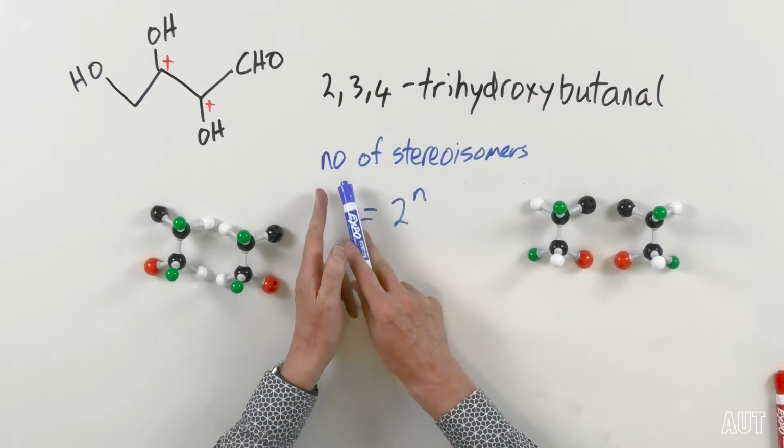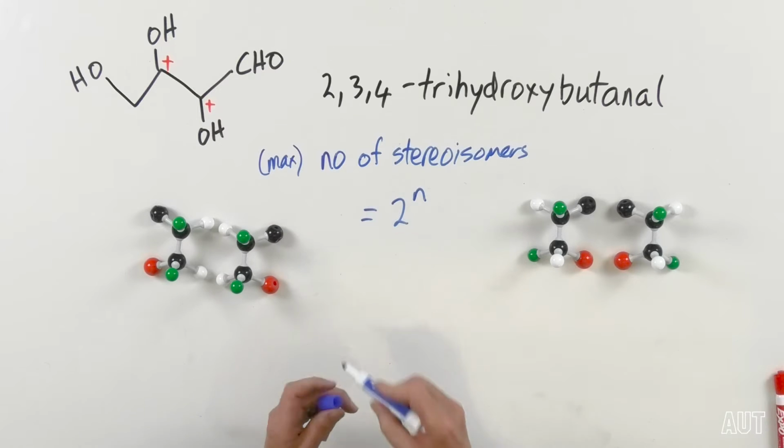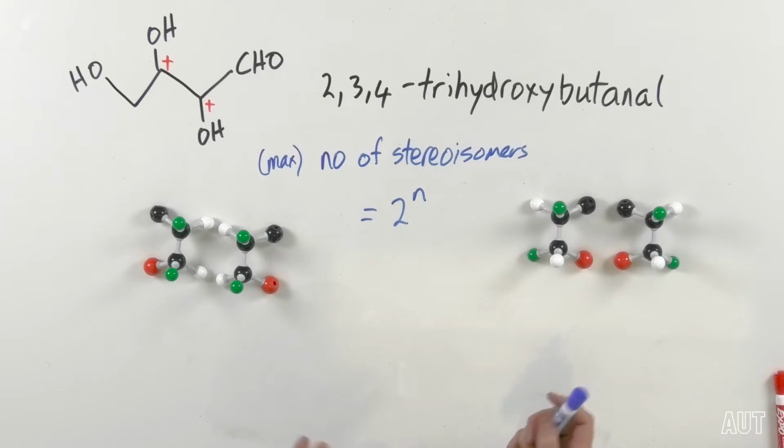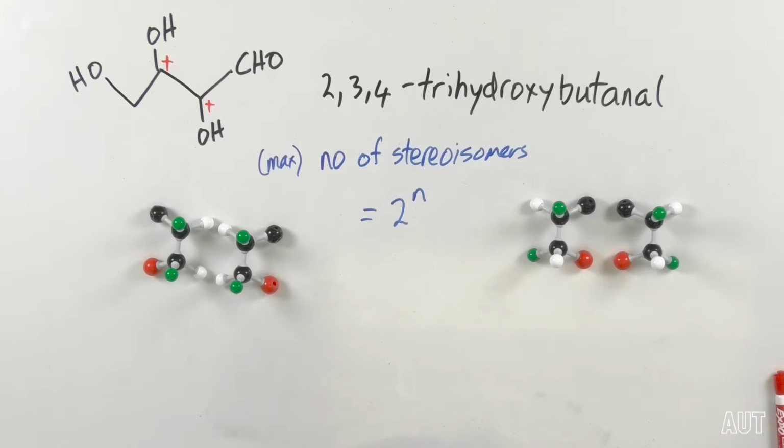Now let's say this is the maximum number of stereoisomers, because as we'll see, there are some situations where this doesn't necessarily apply, okay? So the maximum number of stereoisomers for a particular molecule is 2 to the power of n.